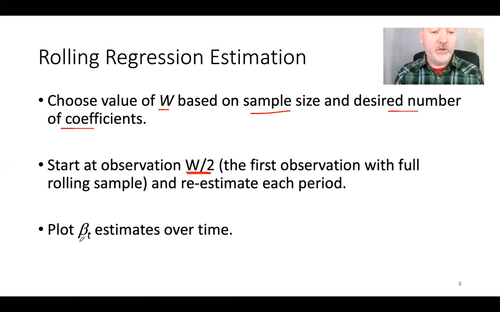Then what we want to do with this is generate some visual evidence of the stability, or lack thereof, in your coefficient. The end result is not a hypothesis test per se, but a plot of those marginal effects over time.